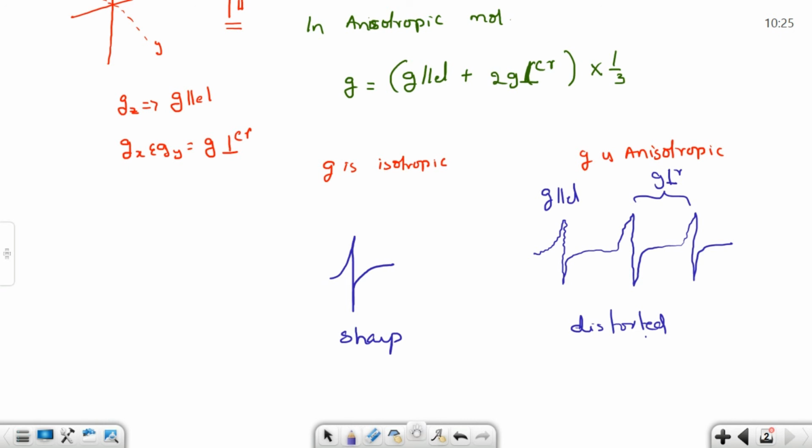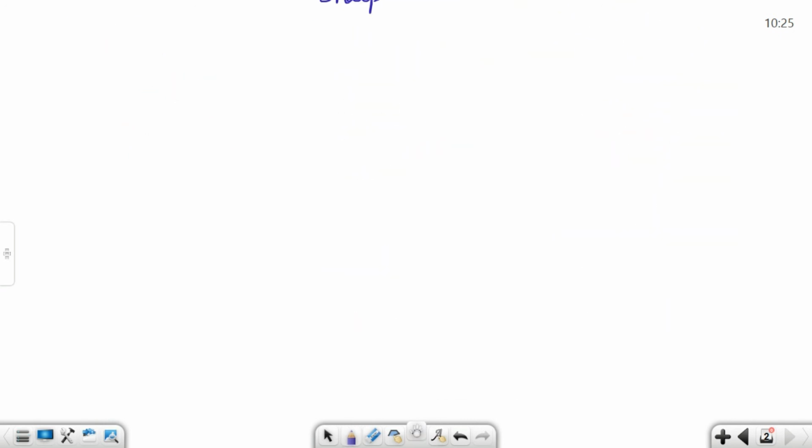Along with this, we are going to calculate the hyperfine splitting constant value also.